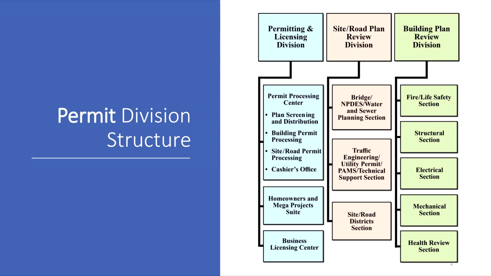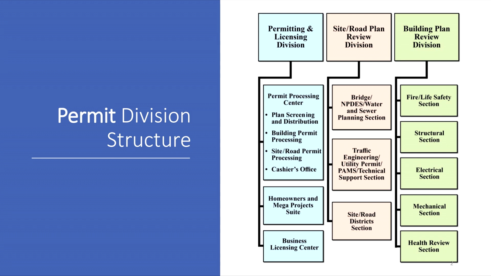The permit division structure has three different divisions: Permitting and Licensing Division, Site Road Plan Review Division, and the Building Plan Review Division. For purposes of this presentation, we will focus on the building permits that are approved in the Building Plan Review Division, as well as discuss the structure of the Permitting and Licensing Division.